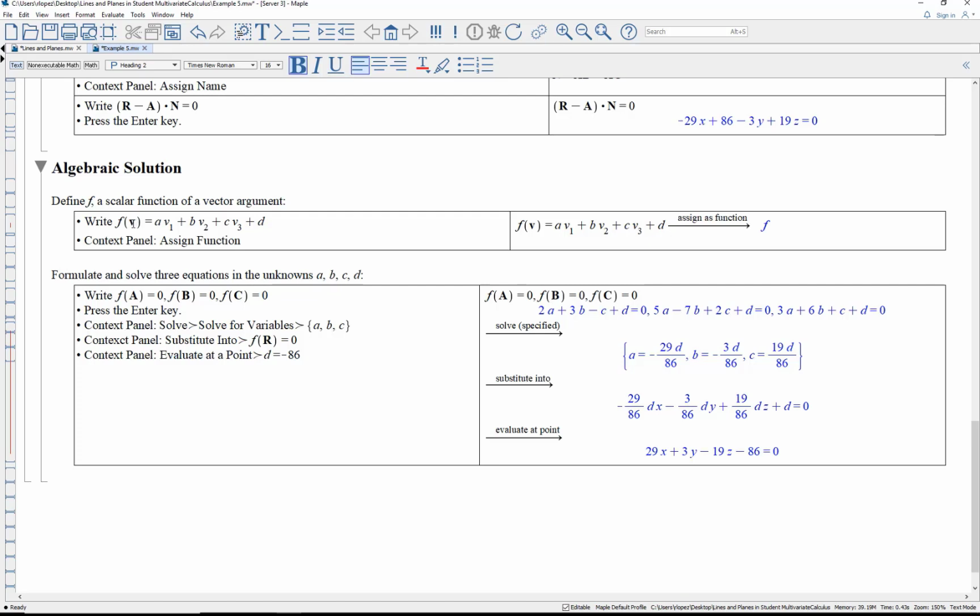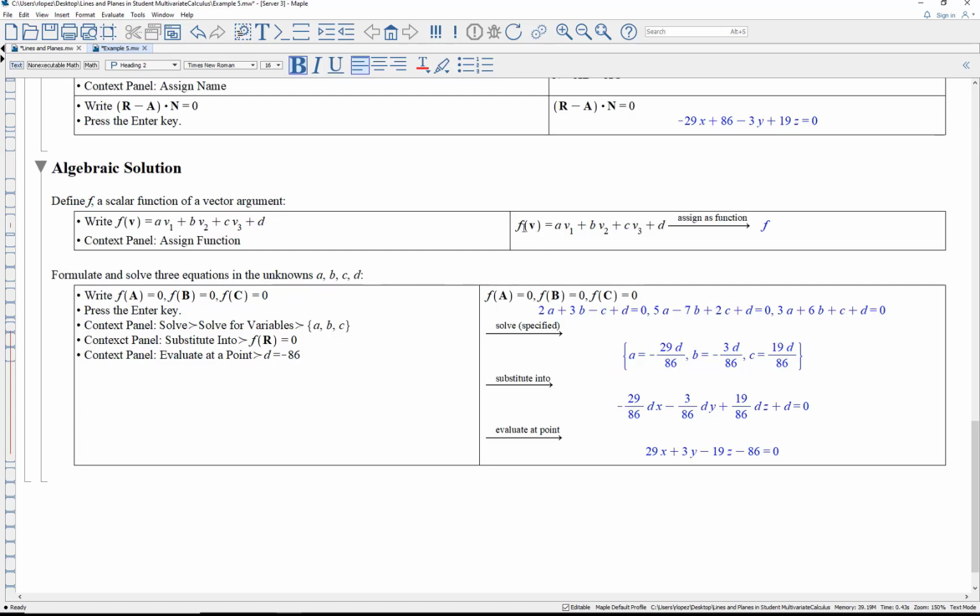So the argument to this function f will be a vector. And what you use where you want the components of that vector to show up are indexed variables, not atomic variables, indexed variables, v1, v2, v3, because the name of the vector here I picked was v. So set this equal to 0, you've got the equation of a plane.